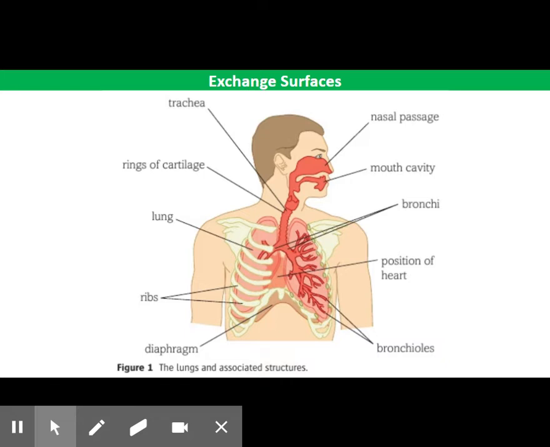You might also be familiar with the word larynx. The larynx is also known as the voice box. So the trachea: air enters the trachea through the larynx. The trachea wall contains a series of cartilage rings which prevent the trachea wall from collapsing, thus maintaining an open passageway for air.